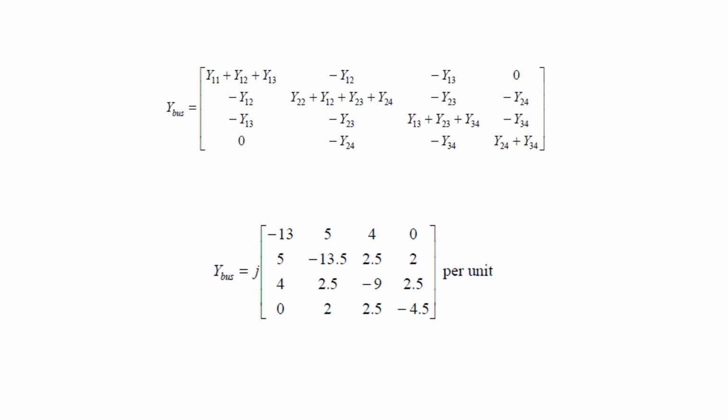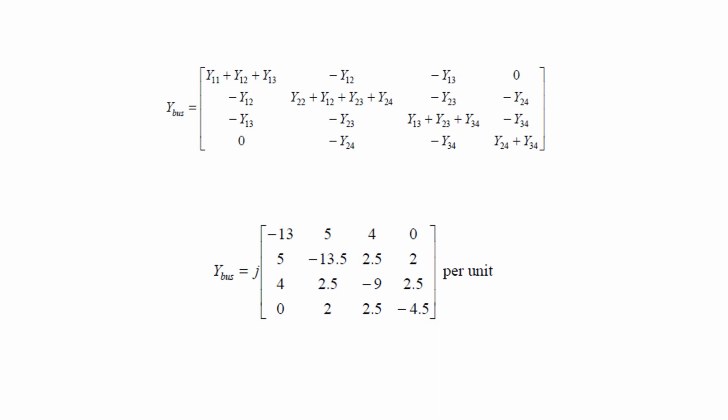So at node 1, or bus 1, the admittances connected are y11, y12, y13. The off-diagonal element between 1 and 2 is minus y12. Again, between 1 and 3 it is minus y13.